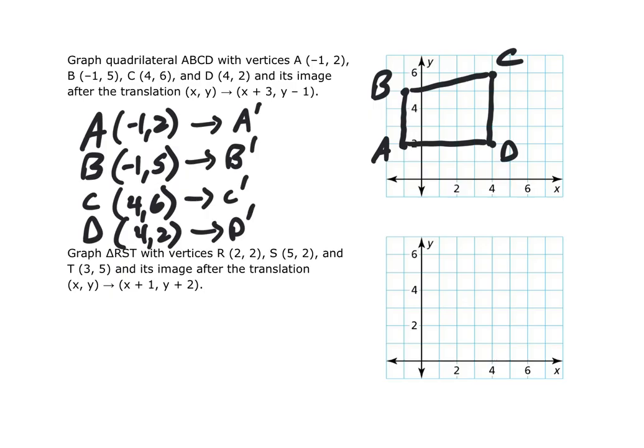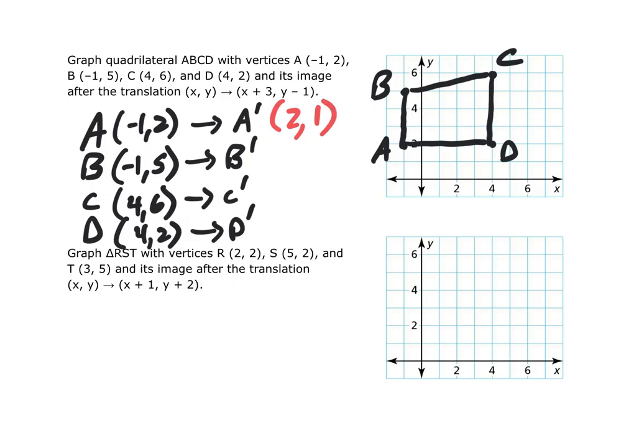Okay, I'm going to put these in red just to do a different color here. Okay, we're moving right 3 and down 1. And there's a couple different ways that you could do this, okay? You could apply those numbers to what we have here. So if I did -1 plus 3, that would put me at 2. And if I do 2 minus 1, I get 1.